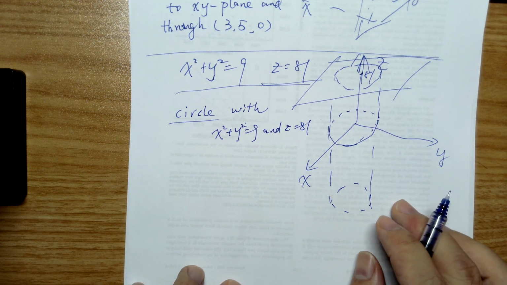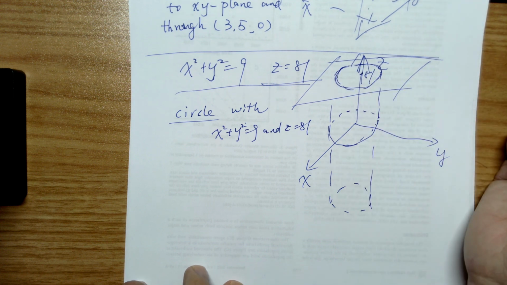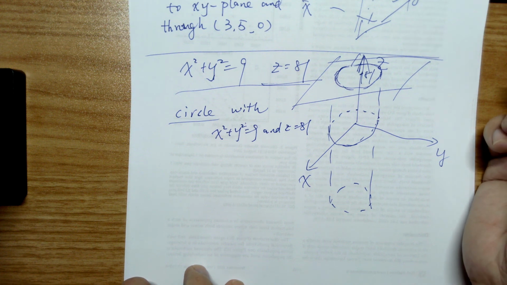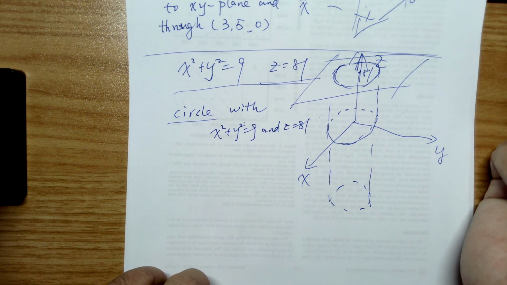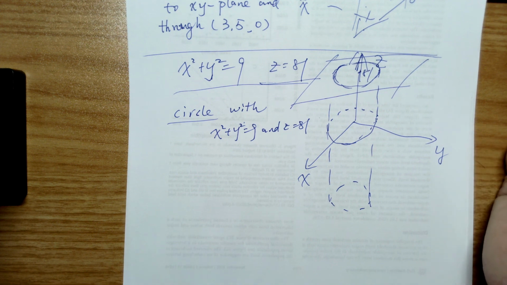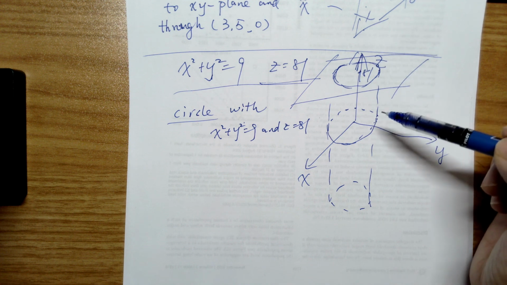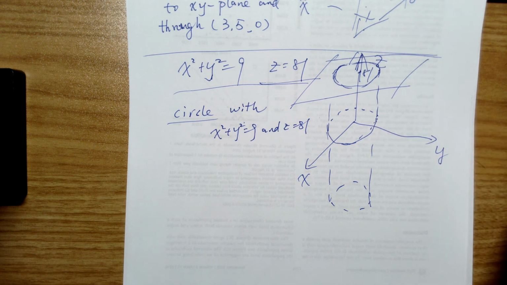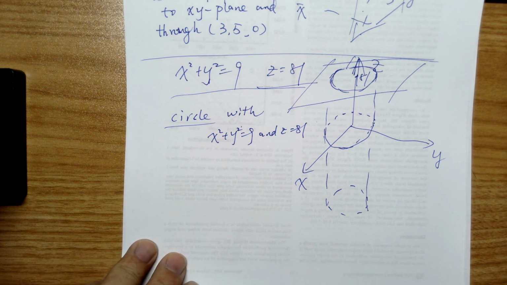So that's the geometric description. You can see that it's a circle with this property and the z coordinate equals 81. I think the best way to explain this is to show it visually. So that's one simple question.